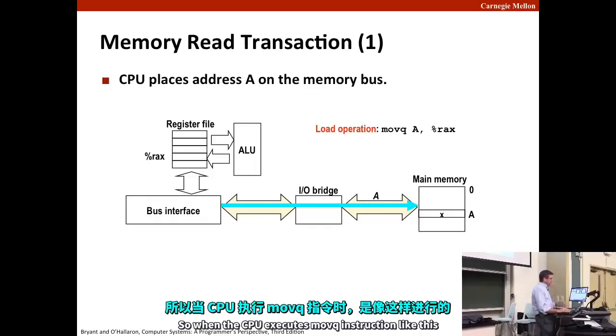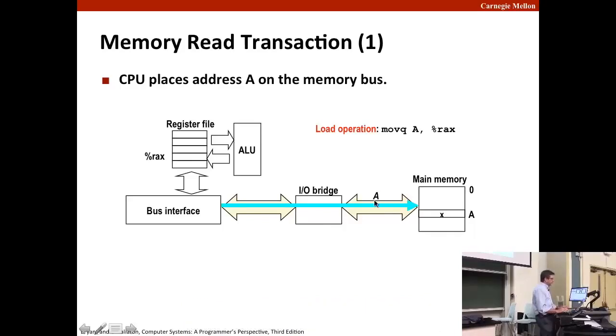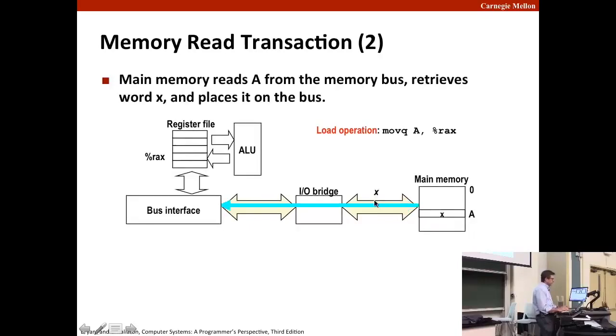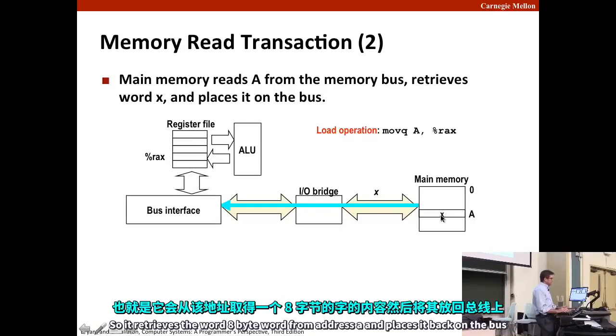So when the CPU executes a move instruction like this, it first places the address of A on the memory bus, and then the main memory senses that address, and it reads the contents, the 8 bytes at address A. So it retrieves the 8-byte word from address A and places it back on the bus.